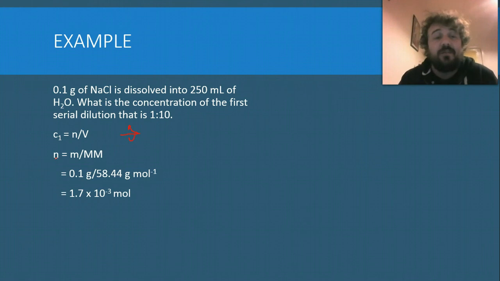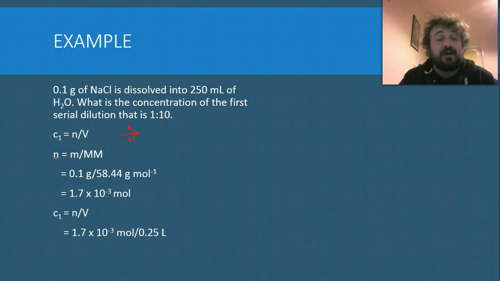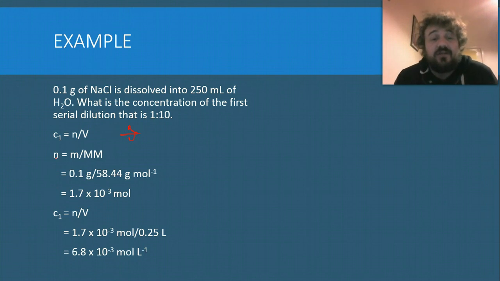And this gives us 1.7 times 10 to the minus 3 moles. Okay, so if we put that into our C equals n over V, we know what n is and we know what V is. V is 0.25, because it's 250 mils, so 0.25 of a litre. That gives us our concentration. All right, sweet. So that's not so hard.